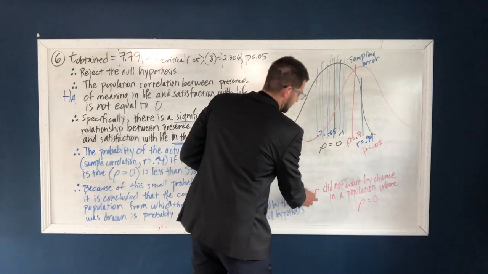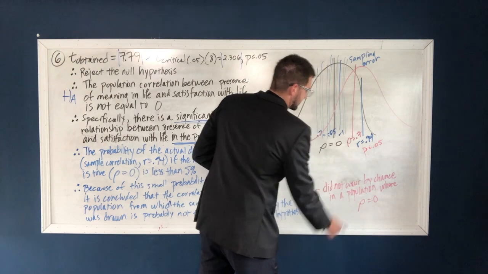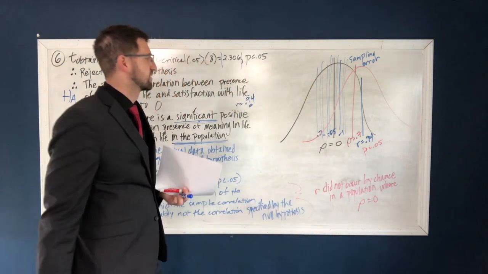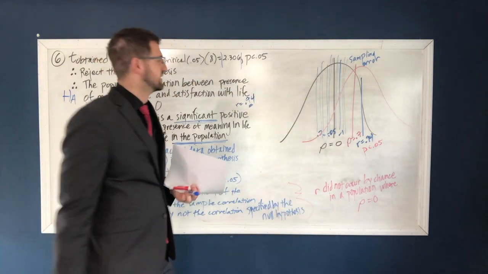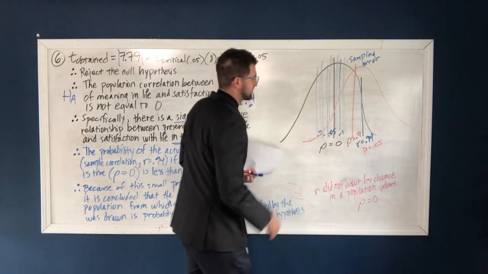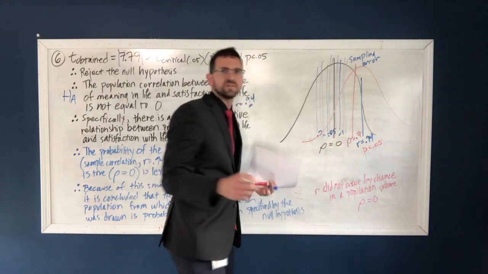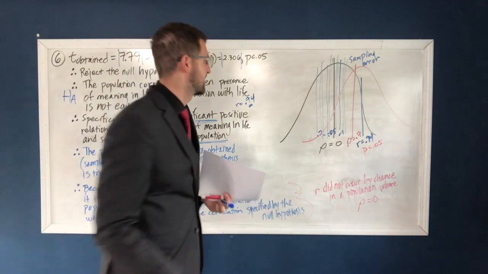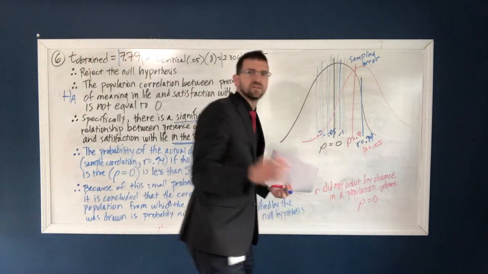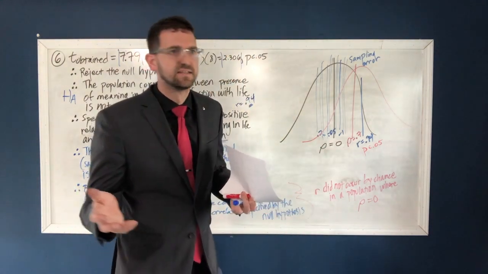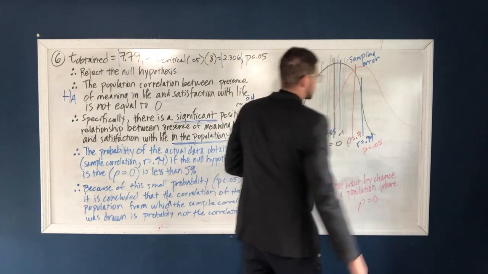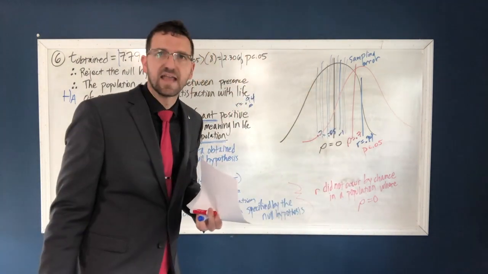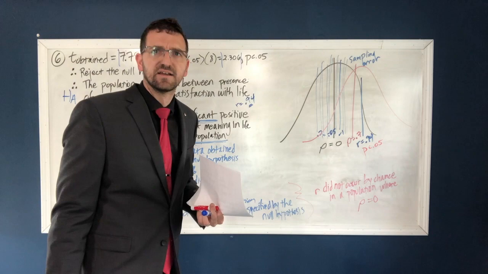So another way of thinking of it is r did not occur by chance in a population where rho equals 0. So that's another way to say sampling error. All these values in blue that clustered around the null hypothesis happen due to chance, where r equals 0.94 didn't happen due to chance, okay?